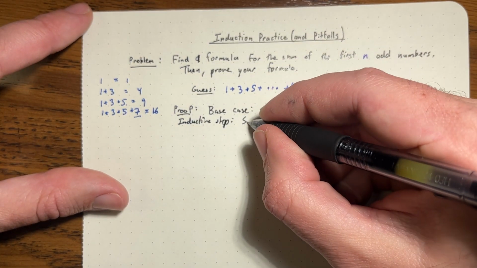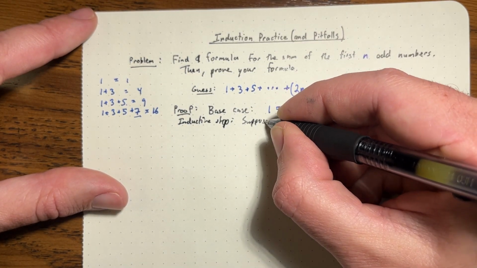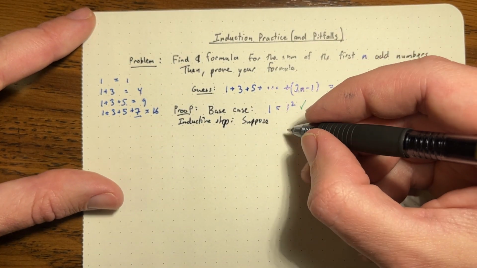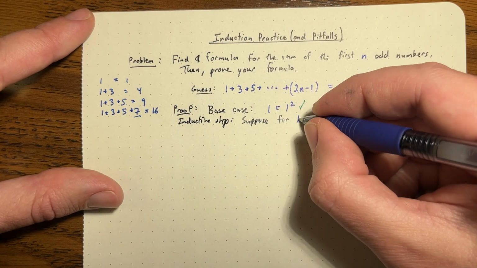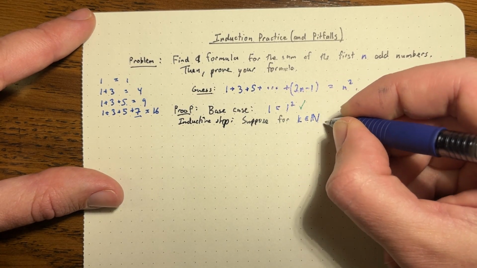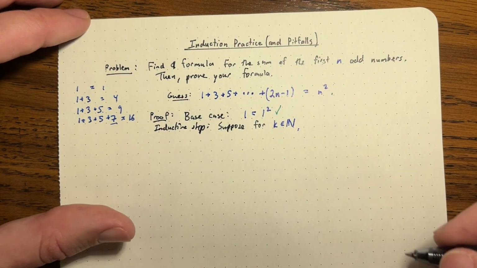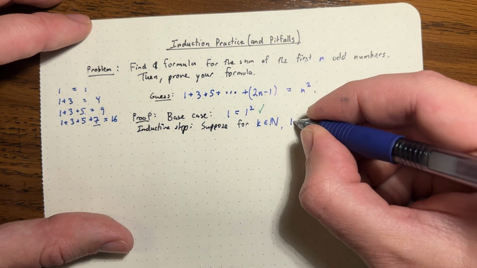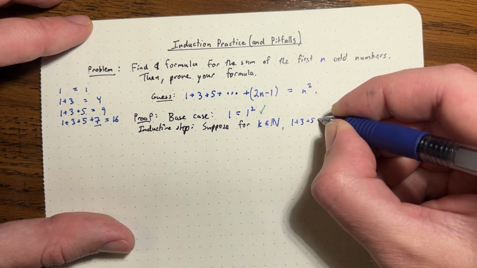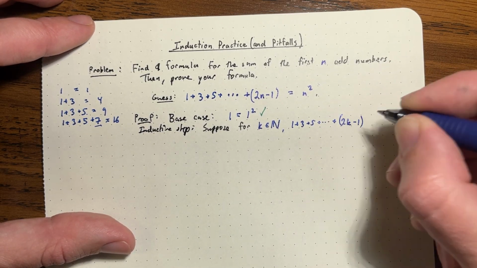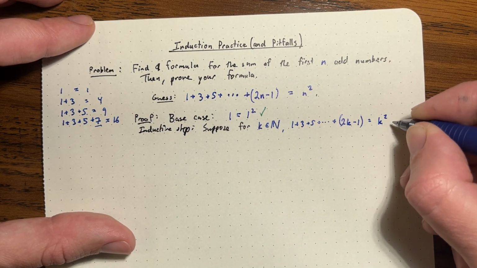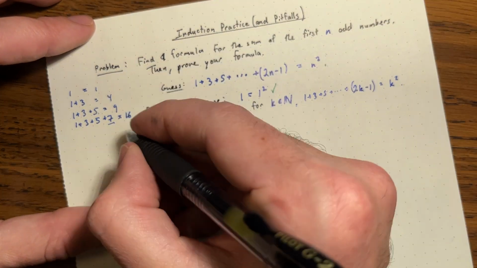We suppose the formula works for some k. So suppose for some k in the natural numbers, the following is true: 1 plus 3 plus 5 plus, and so on, copying out my formula again but with that k plugged in, equals k squared.